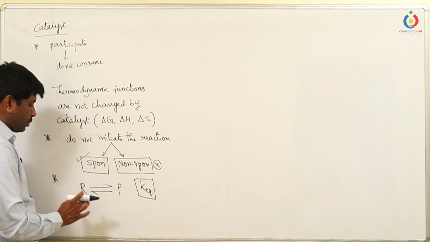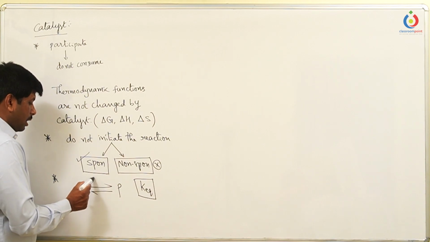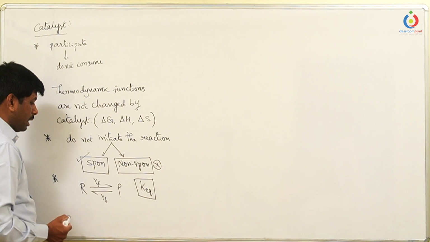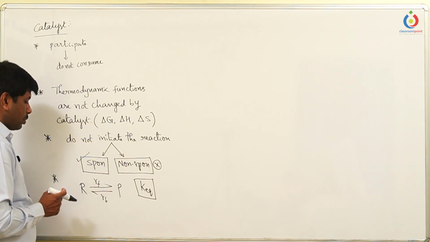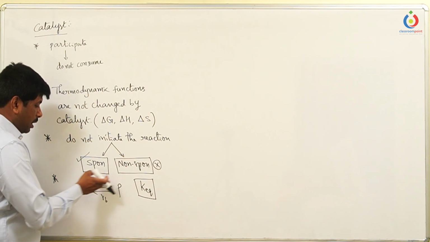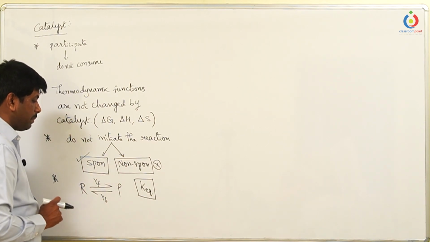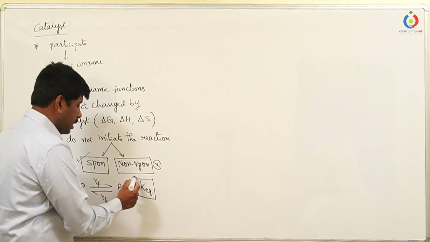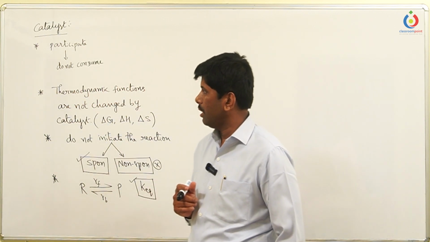The catalyst only helps to achieve equilibrium in a quick manner. That means the catalyst increases the rate of the forward reaction and the rate of the backward reaction by an equal amount. That's why the position of the equilibrium is not affected by the catalyst. Once the position is not affected, automatically the equilibrium constant is also not affected by the catalyst.